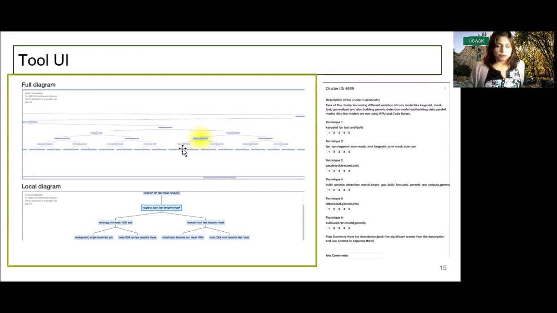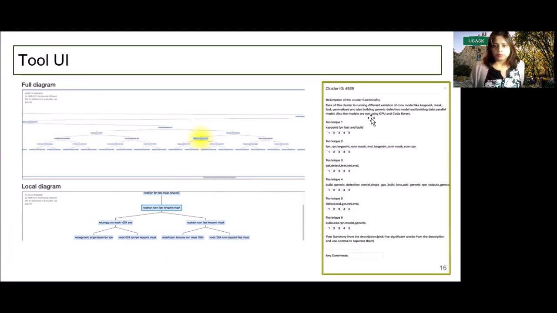They can browse different nodes, and they can also zoom in on the name of the nodes. We also give them a form so that they can rate the output of the automatic labeling approaches, and they can also provide their suggested keywords for the labeling of the node.